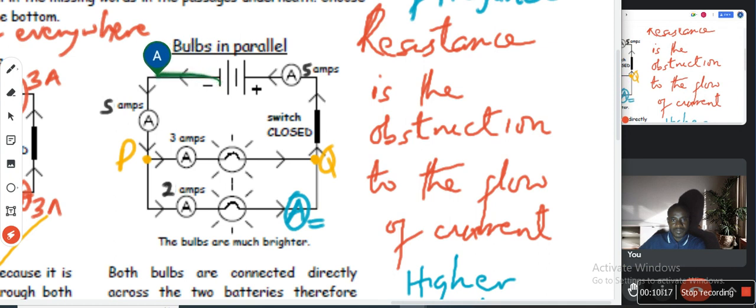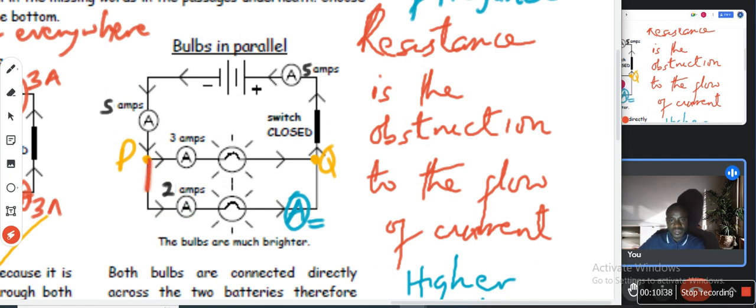So it would have skipped this one here. Yes, remember it can flow through the inner loop. No, what I'm saying, what is the current in this new ammeter I've introduced here?